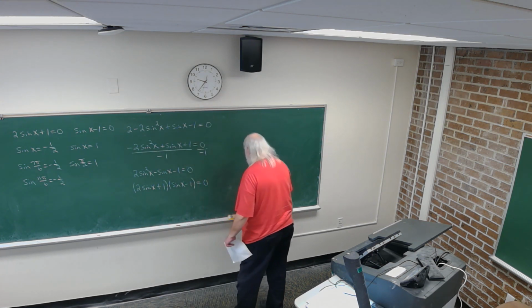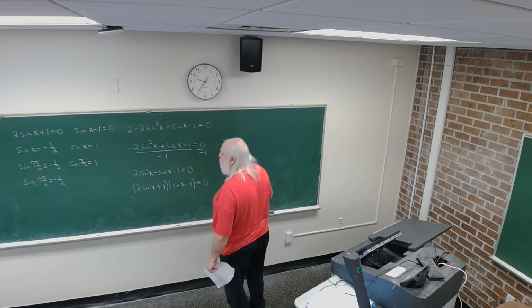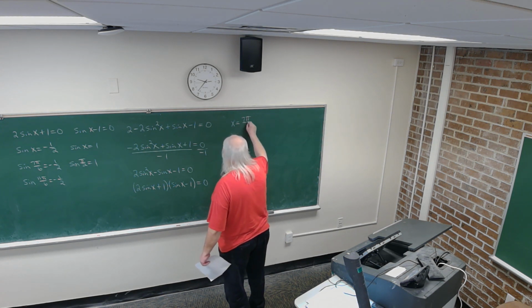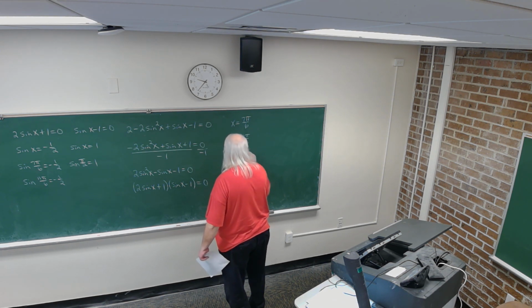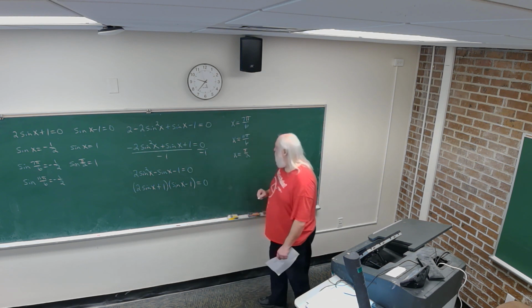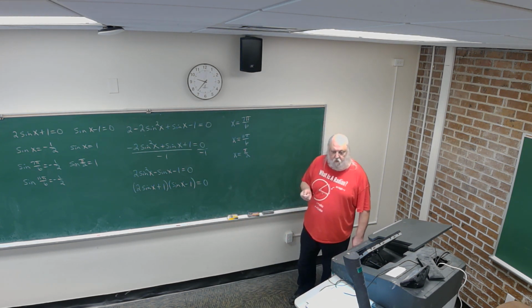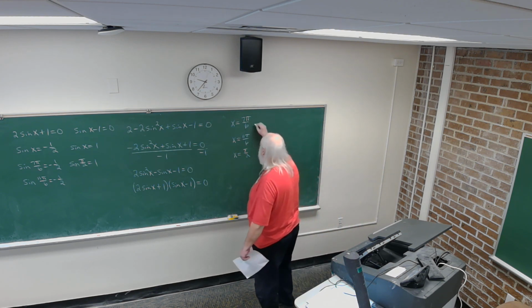So on a unit circle, the 3 angles that satisfy our equation are 7 pi over 6, 11 pi over 6, and pi over 2. And then to get all solutions, all coterminal angles, we add 2 pi n.